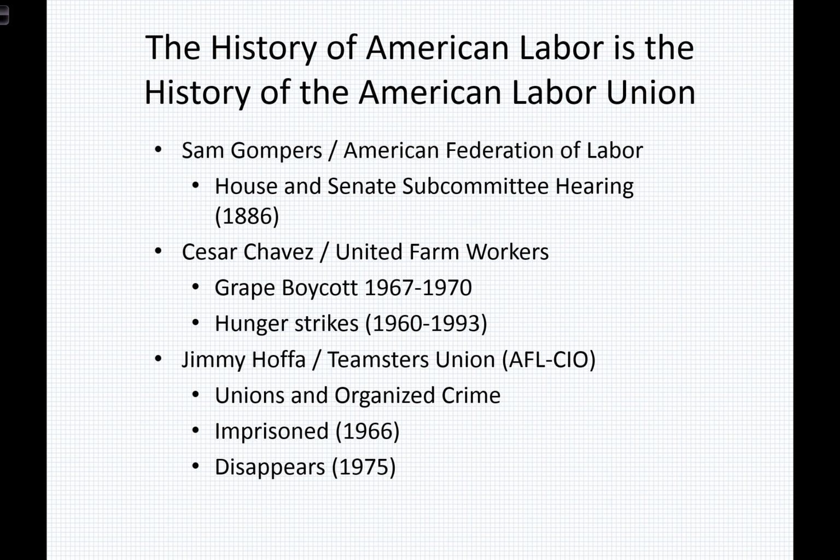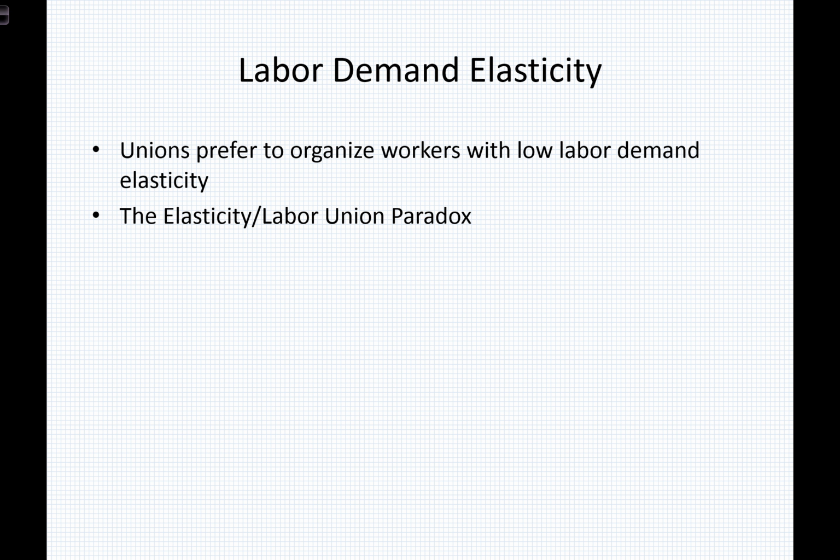So as we think about this, we also have to consider why is it that labor unions end up organizing primarily where we have lower skilled labor and lower educated workers. Well, this comes back to the concept of labor demand elasticity. You'll remember in our demand elasticity section of this course, we talked a little bit about this.